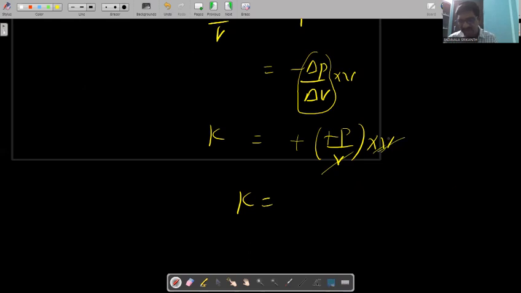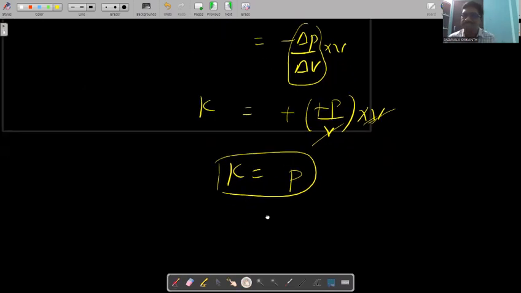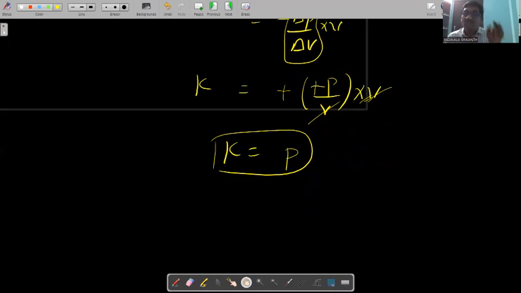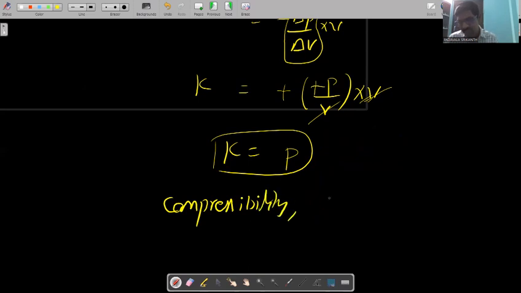Therefore, finally this becomes only P. So my dear students, remember one thing clearly: the bulk modulus for the isothermal process is just P. And for the adiabatic process, the bulk modulus becomes gamma times the value of P. You can check it. And compressibility C is equal to 1 by K, which becomes 1 by P.